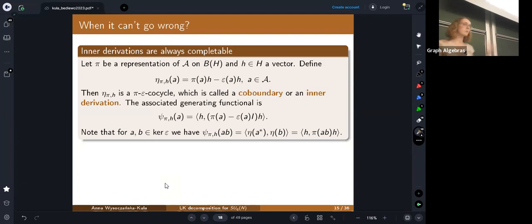In the classical case, this would be an analogy to a Poisson process. And there is always a generating functional associated to it, namely the one where we basically multiply eta, exactly what is in here, by h on the column. And since this is the definition of how it acts, there is no way any conflict appears. So any coboundary, sometimes also called an inner derivation, will be completable.